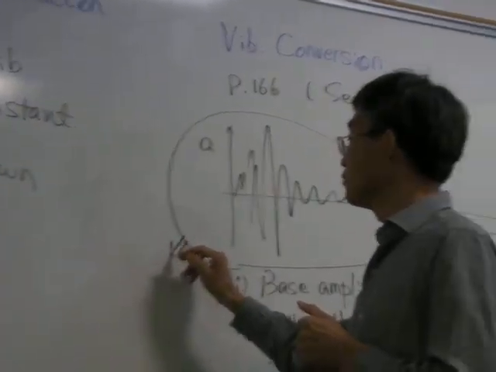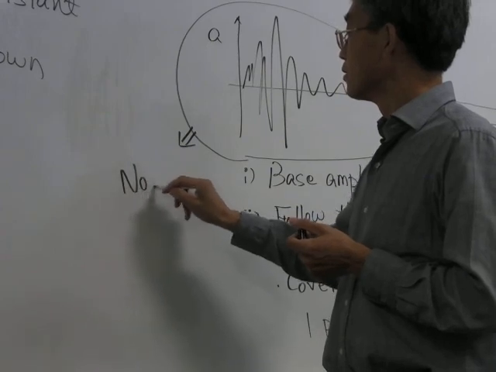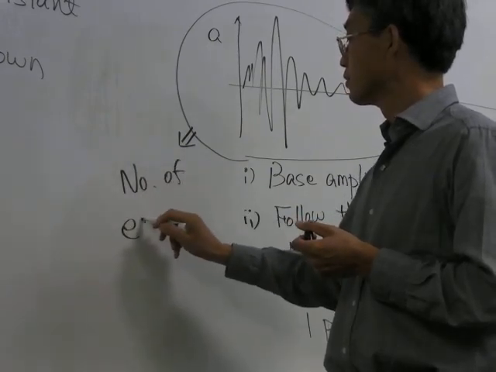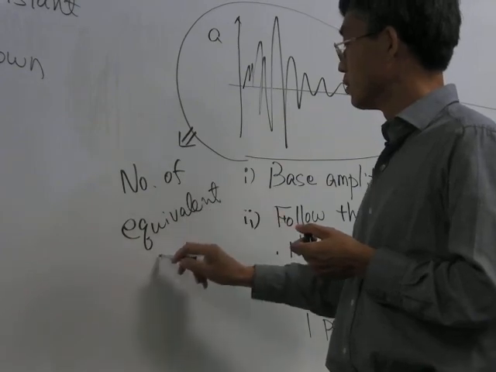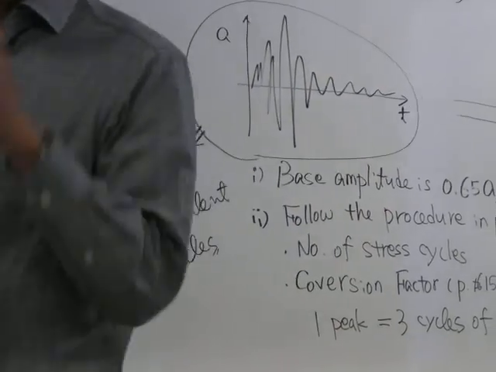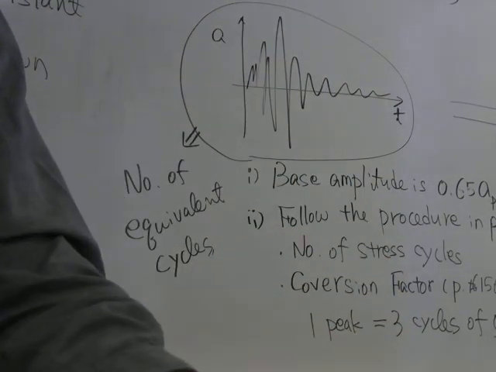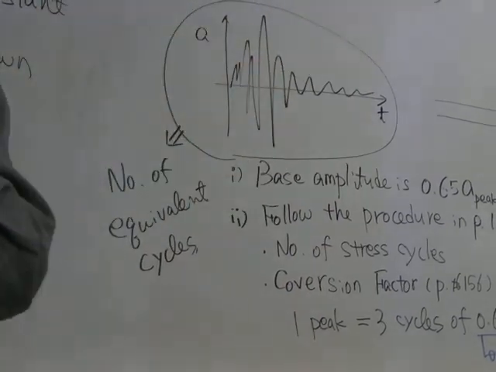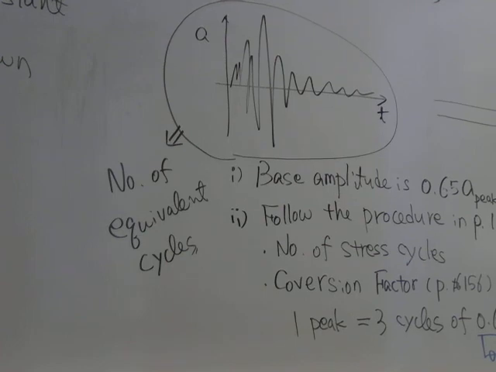From this one, find out the number of equivalent cycles. Again, probably the one that you have in your note will be different from the one you have. So all your answers could be different. Just use the waveform that you have in your note.